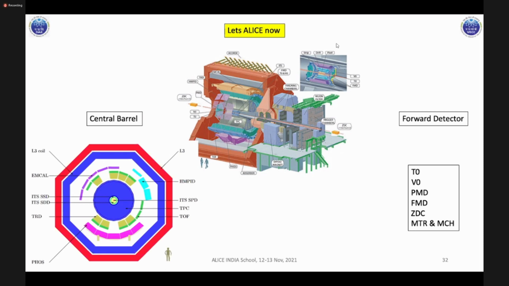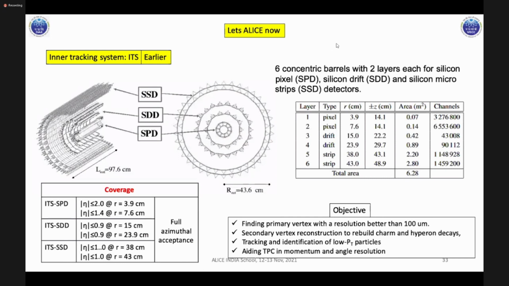Some of them may be backward detectors, as was asked yesterday by someone. Now let us go through them one after another. The first one is the innermost detector. What was that? That is the inner tracking system.